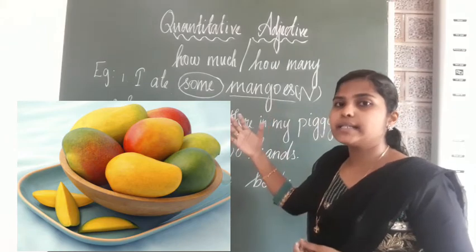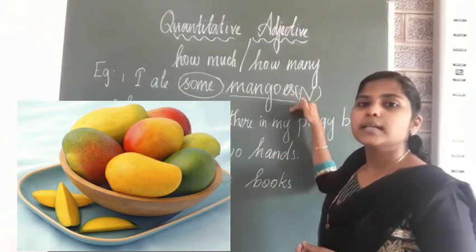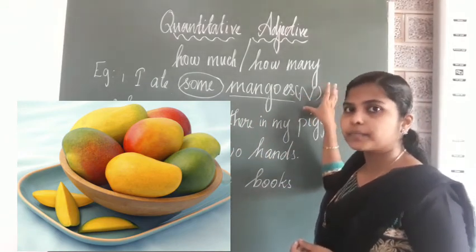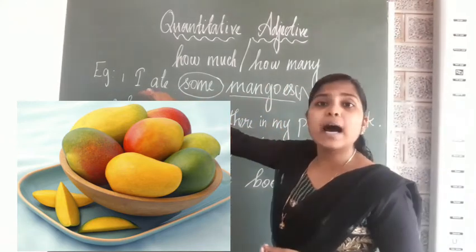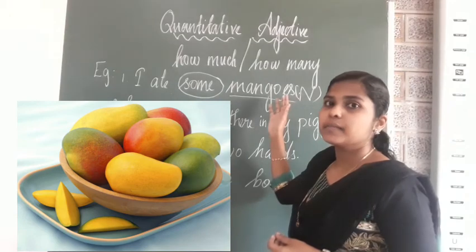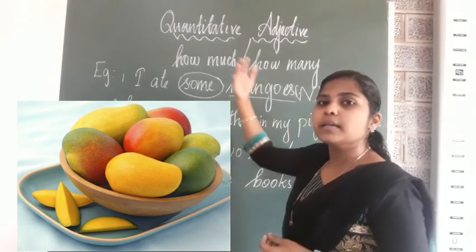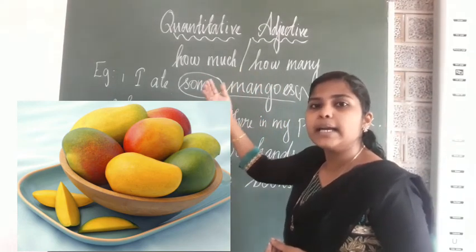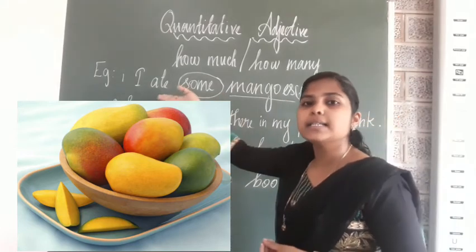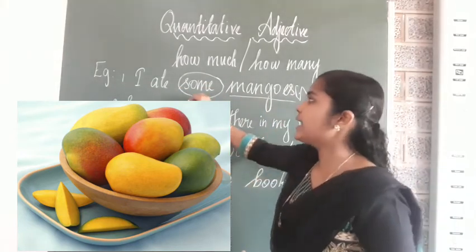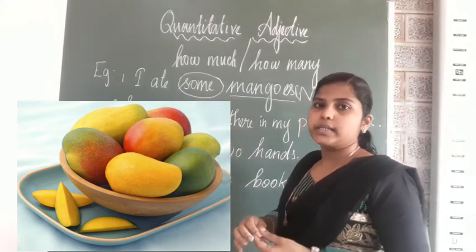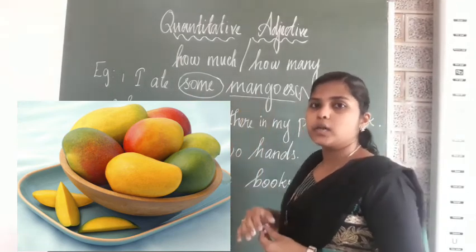Again, I am repeating the same. Mangoes is a noun here. We are adding some to mangoes. We can say I ate mangoes, but I am describing something more. I am adding a meaning for this noun. I ate some mangoes. We can say I ate 5 mangoes. I ate 2 mangoes.